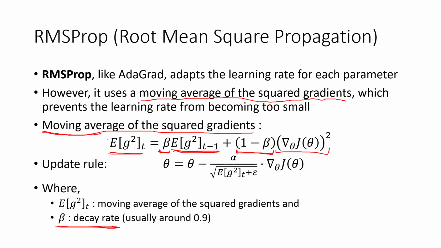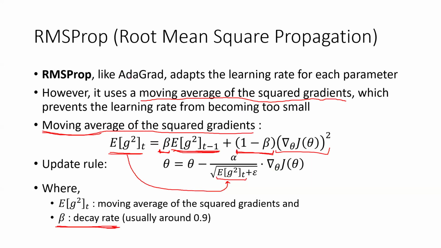Similarly, once you calculate this value, it would be used here, right? This is the same value that we have calculated. Epsilon is the same as the earlier value, and this is the same gradient, right?